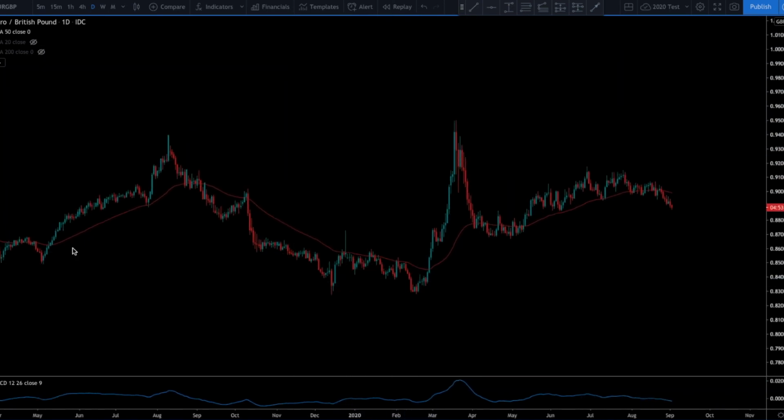And this is really just as simple as it is, just using the 50 EMA, or if you prefer a 20 or a 200 EMA. Wherever they are acting as support and resistance on a chart, you're going to have to go through on whatever pair you're looking at and see if it is actually acting as dynamic support and resistance before you use it as analysis for your trade.